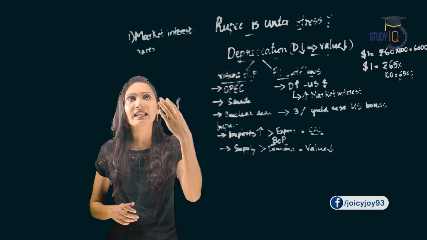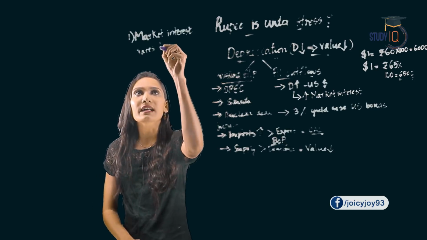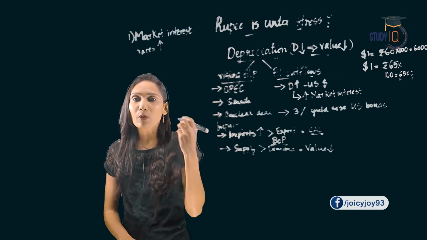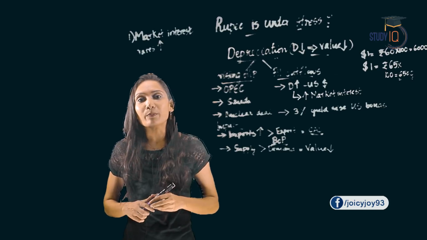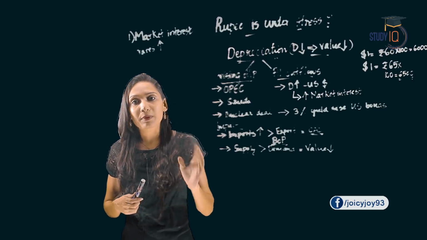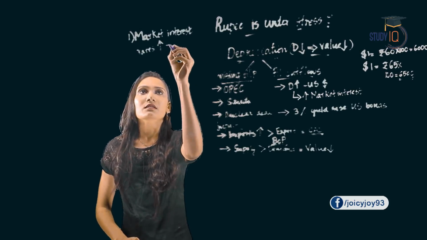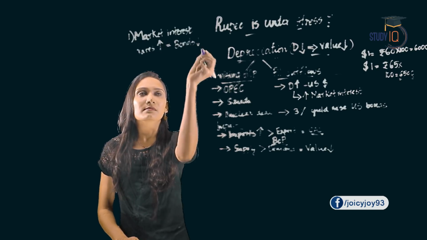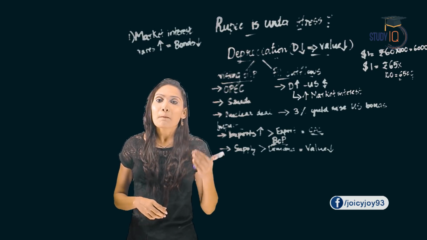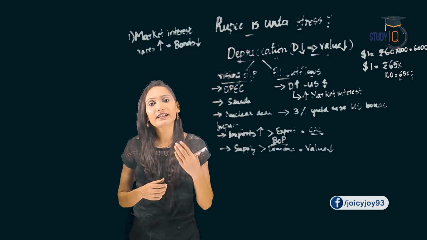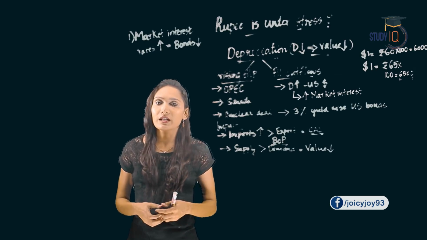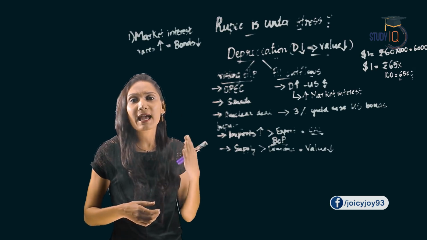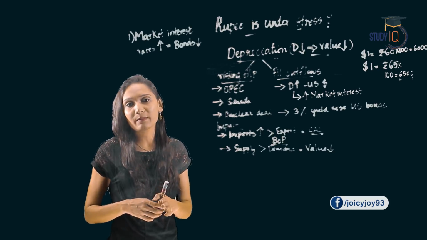So when market interest rates go up, there will be lesser demand for bonds. Lesser demand for bonds means lesser price for the bonds. Here you must understand that money has higher demand when the interest rates are high in the economy. This is the same thing that has happened in the US economy also.